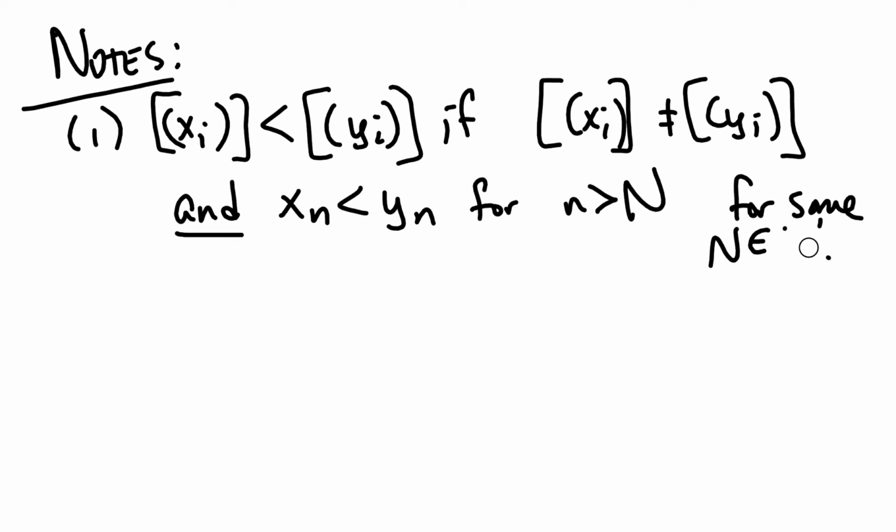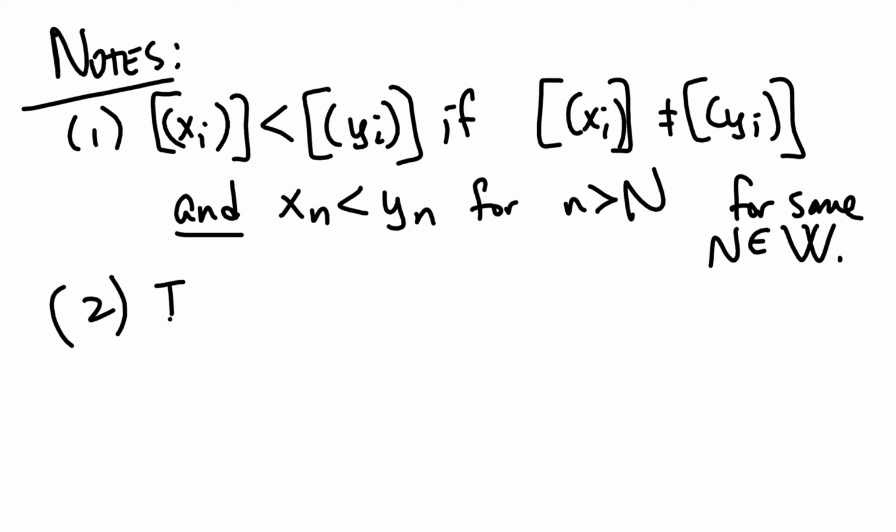Yes, that's a W. Golly gee. In other words, one real number is less than another if they're not the same, and once you get to a certain point, all of the terms of this sequence are less than all the terms of that sequence.